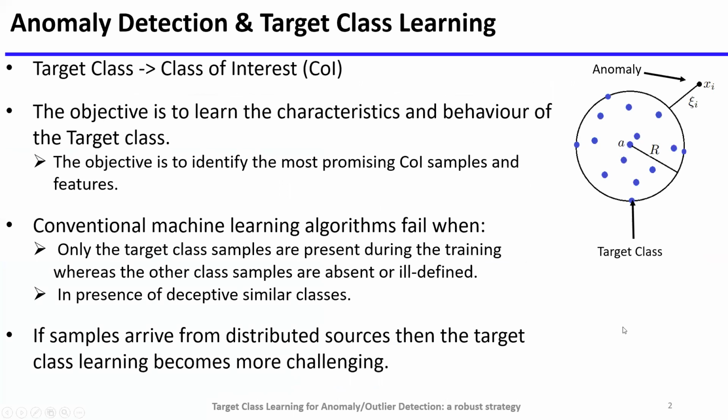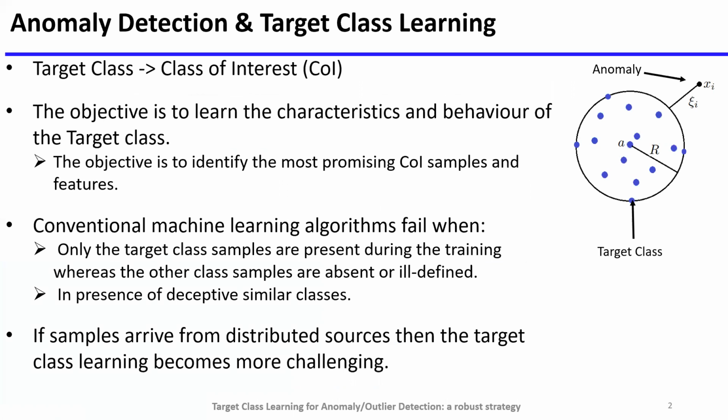So if we are saying that we are looking for a target class, the target class itself says that it is the class of interest, where we have more interest towards that class. The samples are known as the class of interest samples or COI samples.